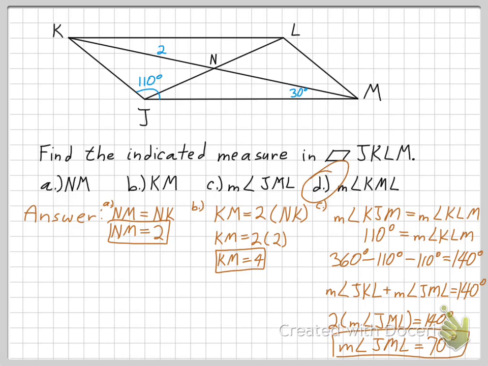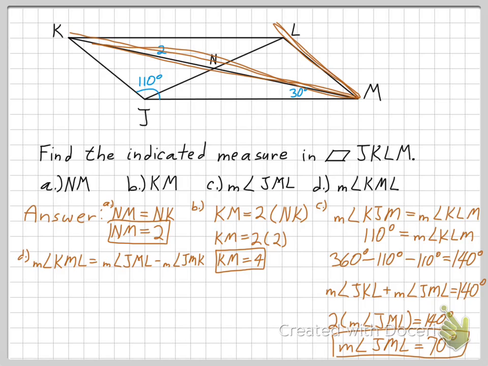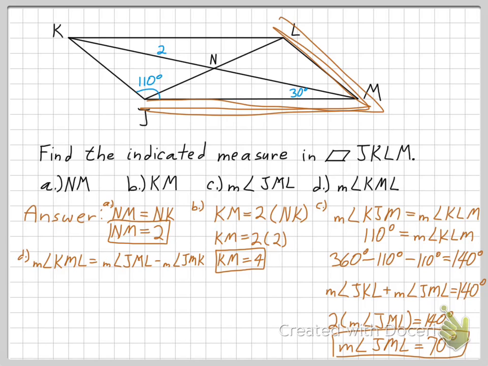Okay? And then finally, moving on to letter D, we have that the measure of angle KML, so KML would be this angle here, is equal to JML, the large angle that could be called angle M if it wasn't for this diagonal, right?